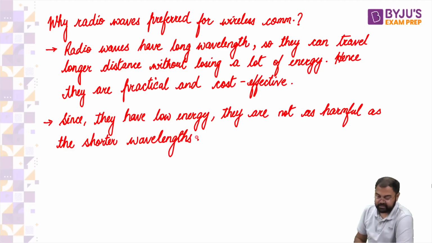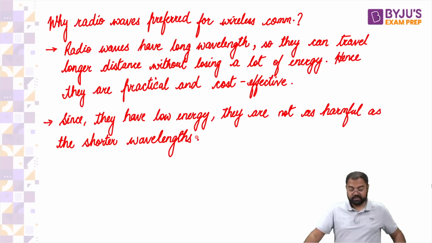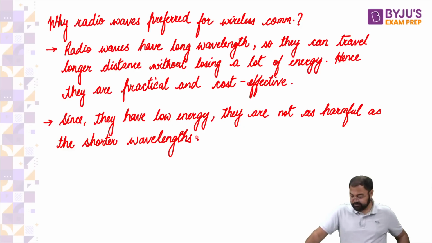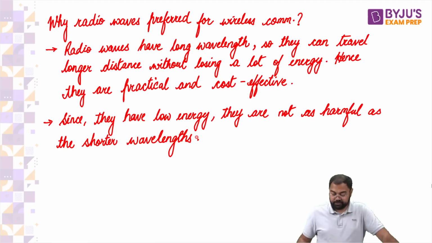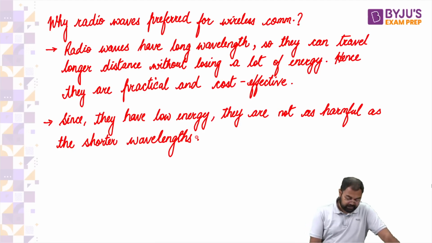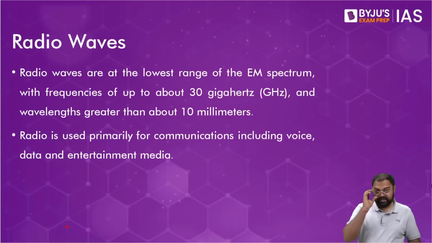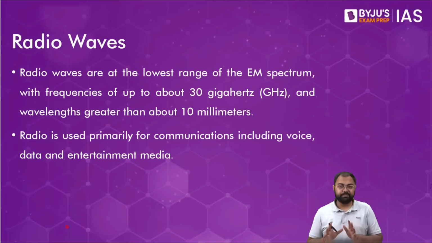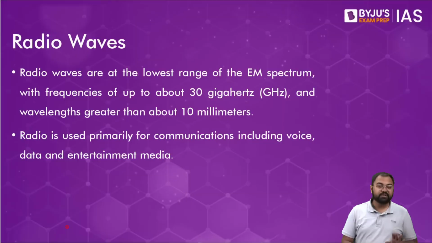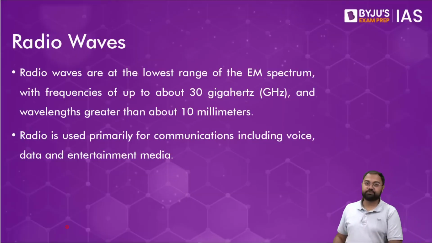All right. So that is the reason why we prefer radio waves for wireless communication. Now, overall, when it comes to wireless communication, there are various different types of wireless communication. But before going there, let's also have a basic, quick understanding of all the different types of electromagnetic waves.